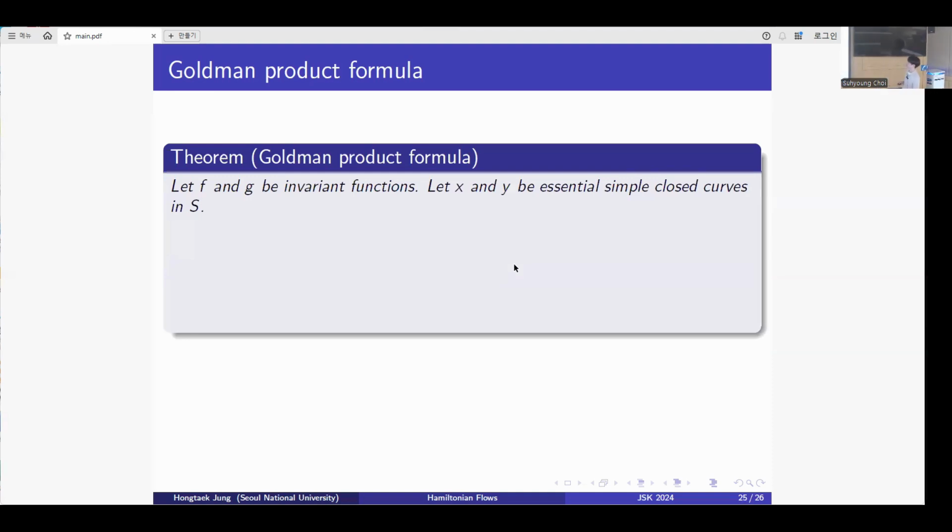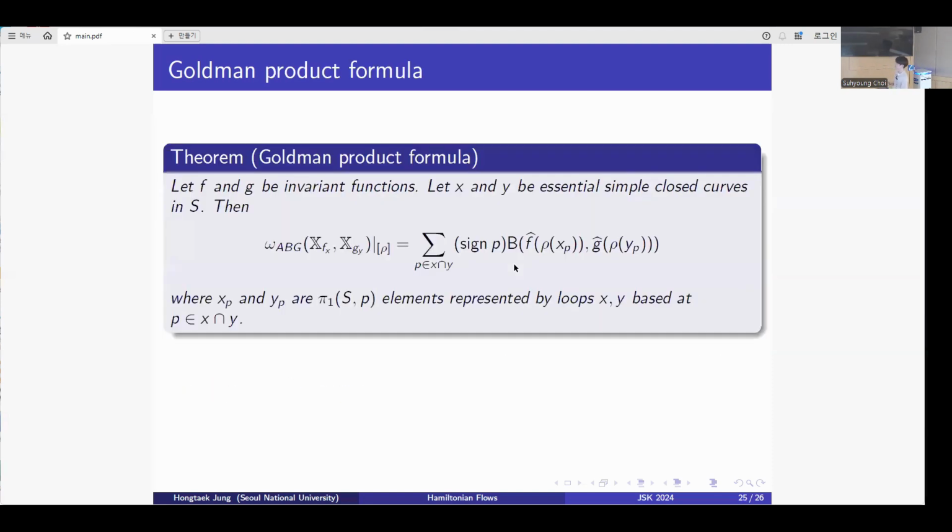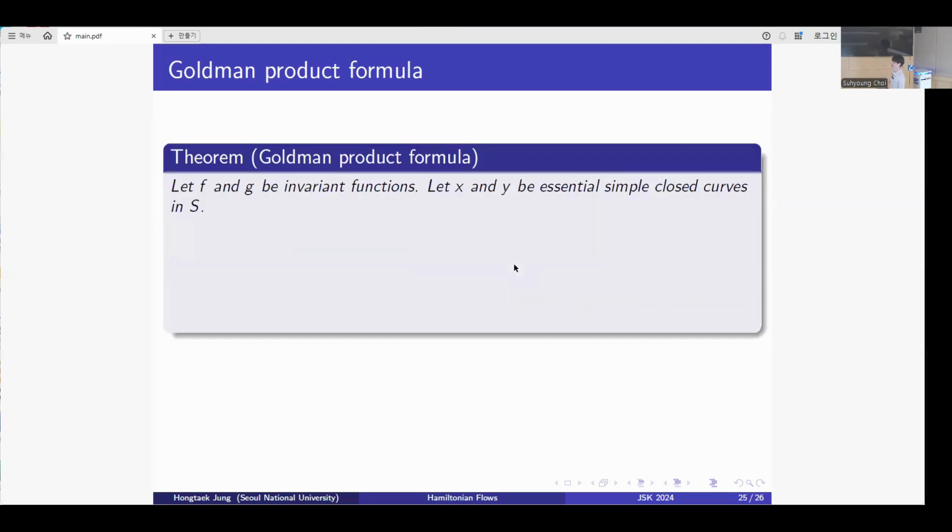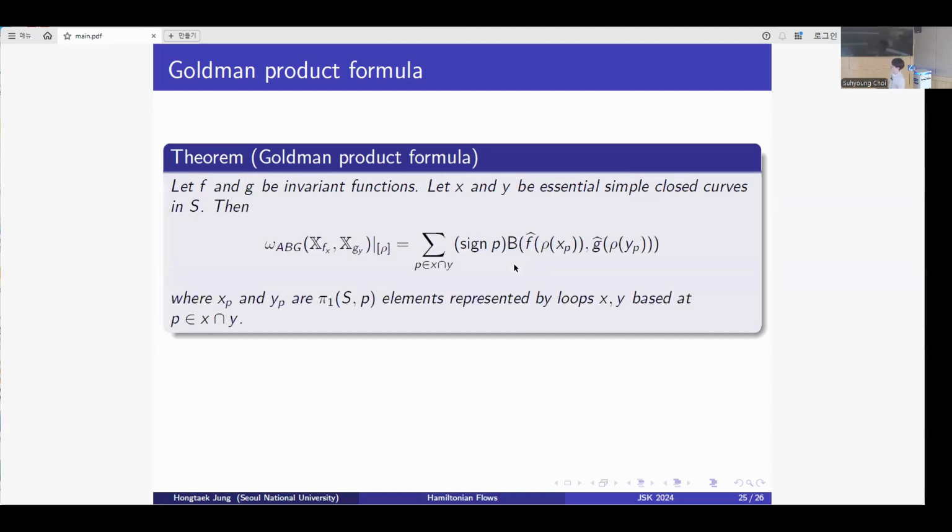And now we come to the Goldman product formula, which I'm going to use tomorrow. It tells you how we compute the Atiyah-Bott-Goldman product between two Hamiltonian flows. So let's say f and g are invariant functions and choose two elements x and y as essential simple closed curves. Then you can define the Goldman flows associated to f, g and x, y.